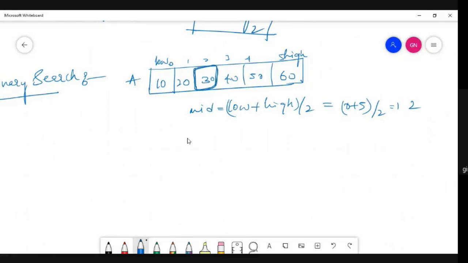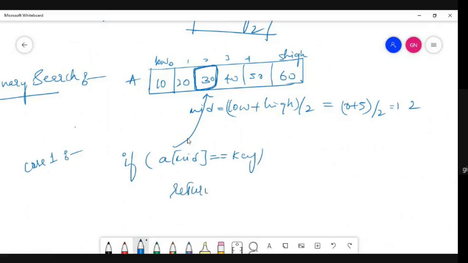Observe carefully, you check for the conditions. Assume case 1: if a of mid equals key, you simply return the mid value.